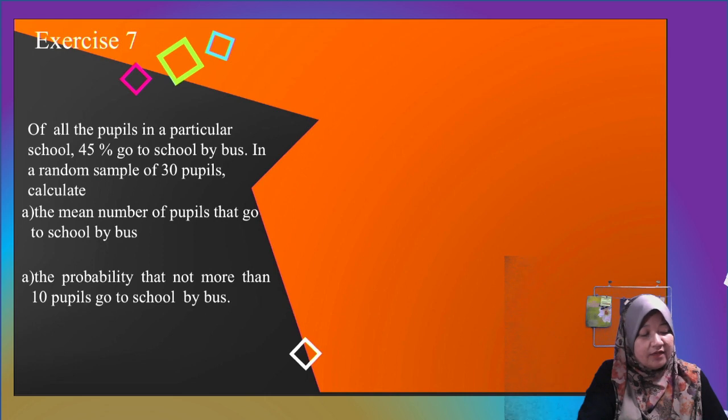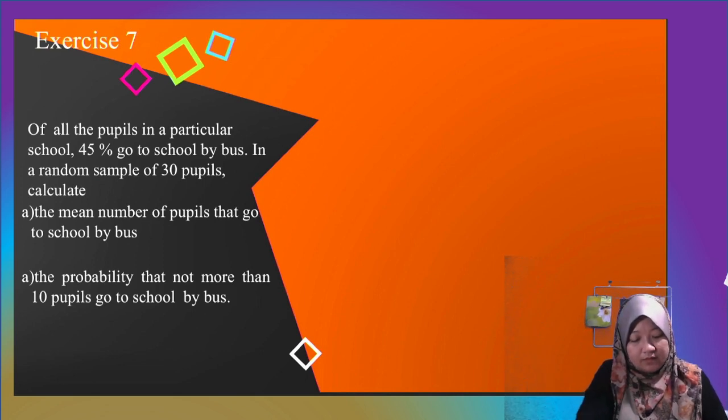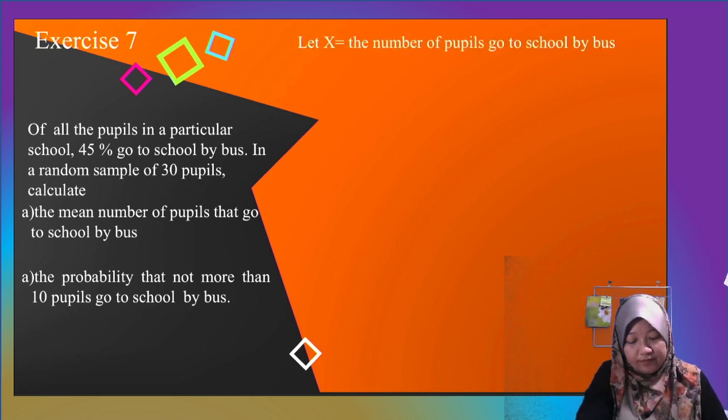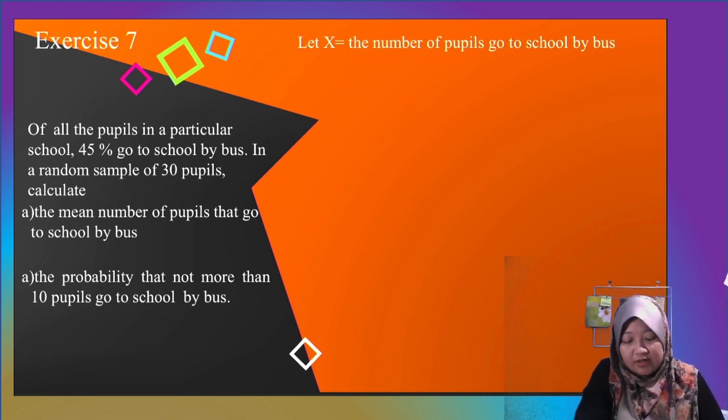Okay, exercise 7. Alright, of all the people in a particular school, 45% go to school by bus. In a random sample of 30 people, calculate the mean number of people who go to school by bus. So dekat sini dia mention tentang go to school by bus. So this is the successful event. So kita let X the number of people go to school by bus.